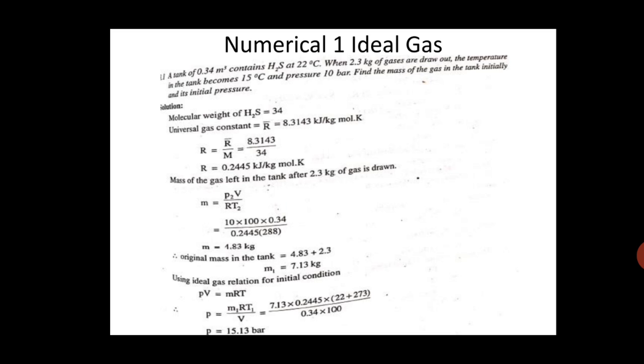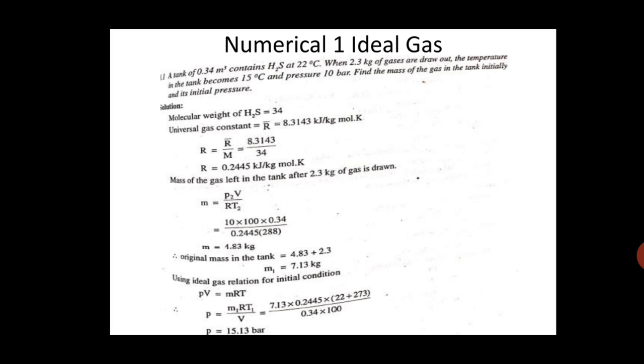This is how I have remembered. In ascending order, you can also remember 1, 12, 14, 16, 32. So 1 is hydrogen, 12 is carbon, 14 is nitrogen, 16 is oxygen, and 32 is sulfur. So here H2 means 2 plus 32, that is 34.